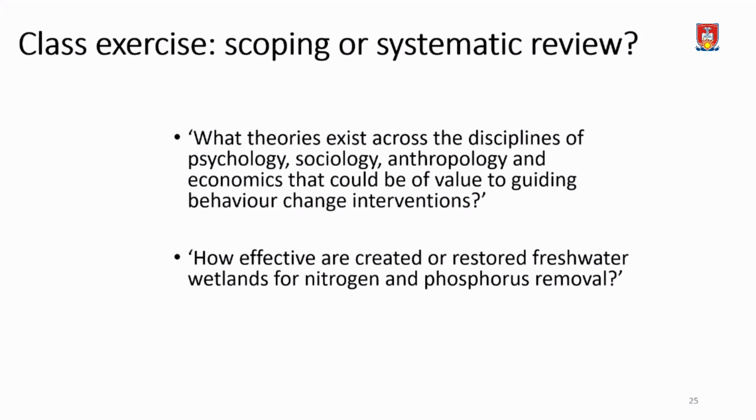So one of the things we mentioned about scoping and systematic reviews, one of the differences, is that a scoping review looks at things broadly. You are just scoping the literature. Let's just bring everything that is available, then we look at it together. But a systematic review is very specific about what it wants to do. You can't put a lot of things together.